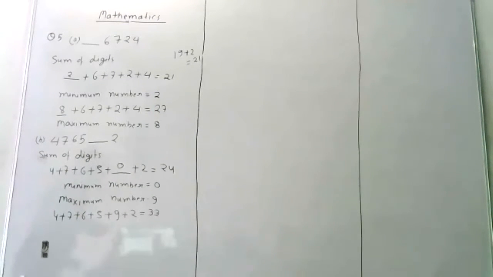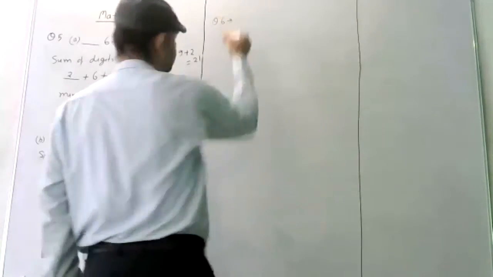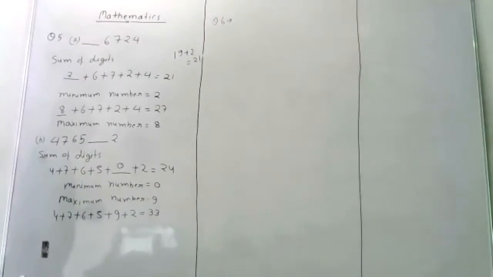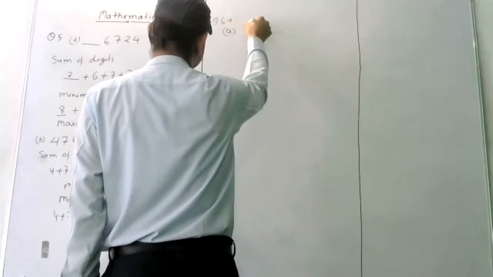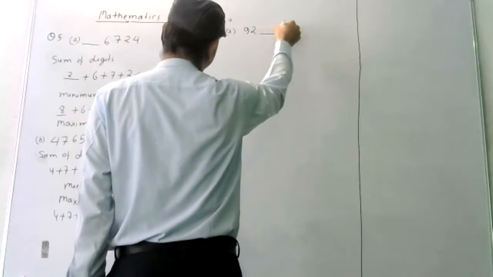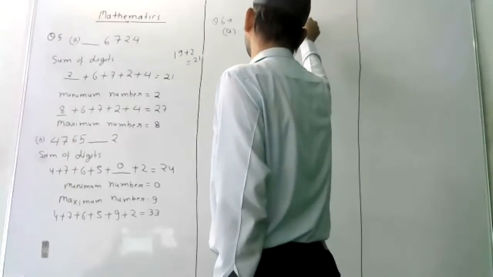Now students, question number 6. The first part, A: 92 blank place and 389.